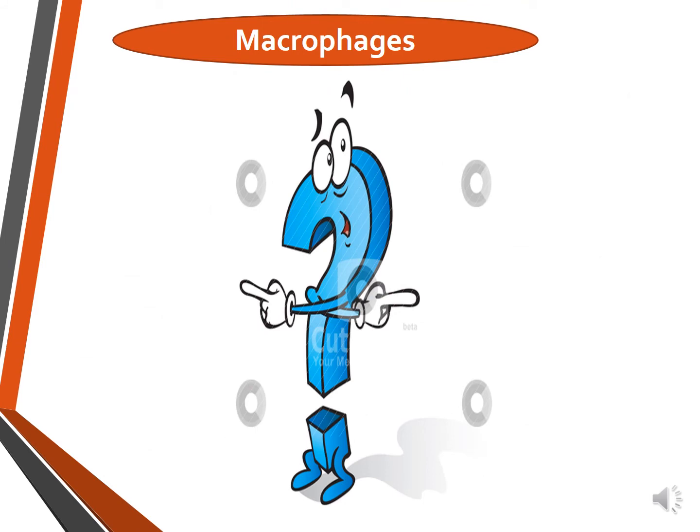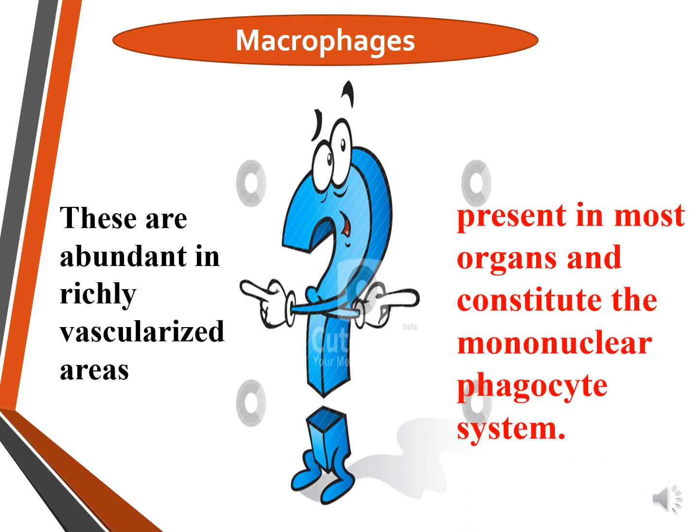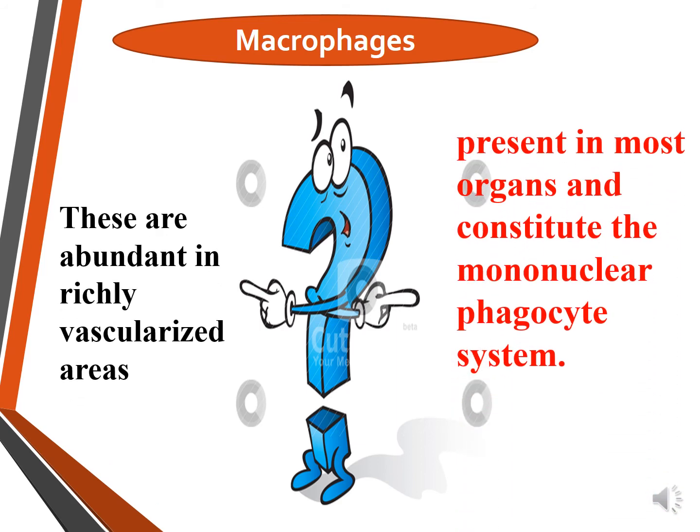Macrophages are as numerous as fibroblasts in connective tissue. These cells are abundant in richly vascularized areas. They are also present in most organs and constitute the mononuclear phagocyte system, part of the body's defense system.